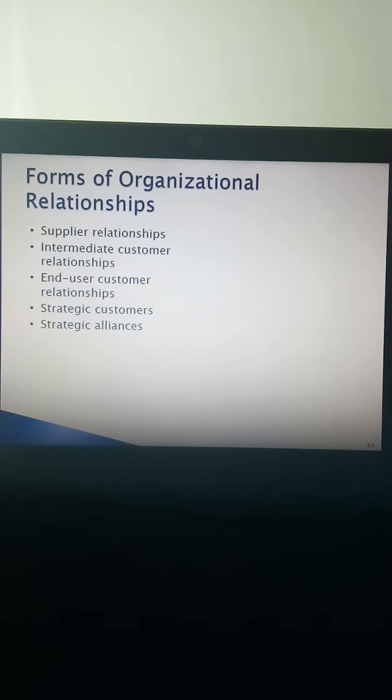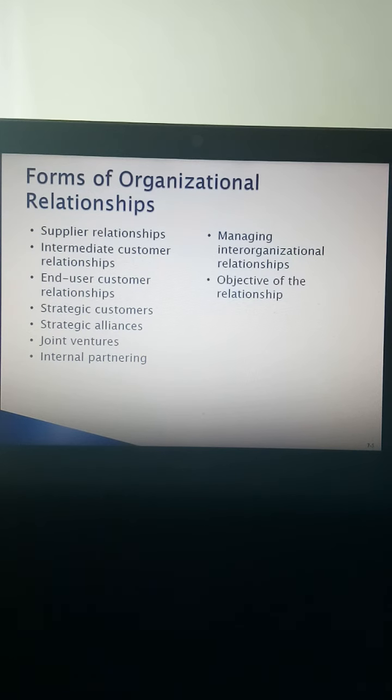Forms of organizational relationships: there are many. You can make organizational relationships through supplier relationships, through intermediate customer relationships, through end customer relationships, your customer, through strategic customers, through strategic alliances.